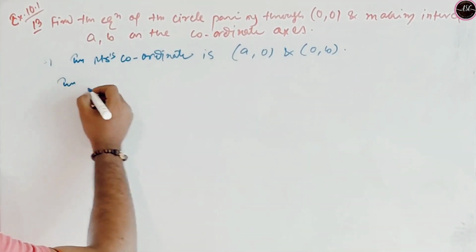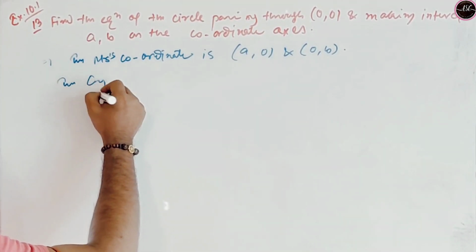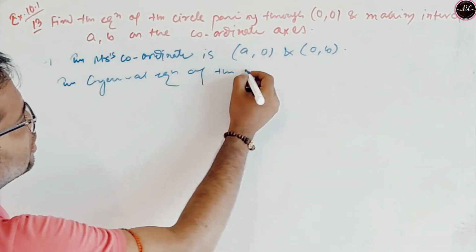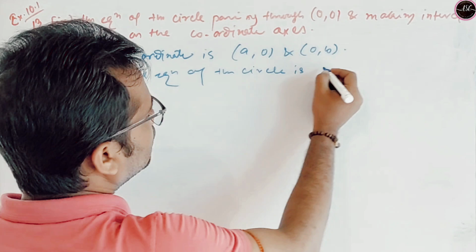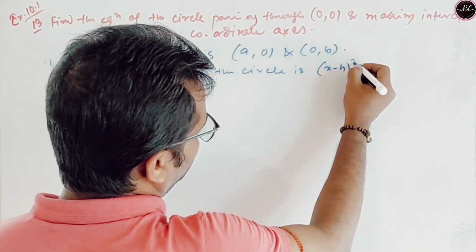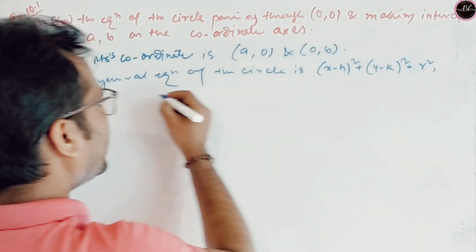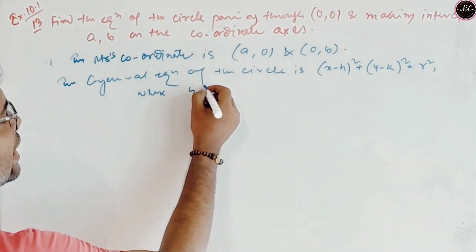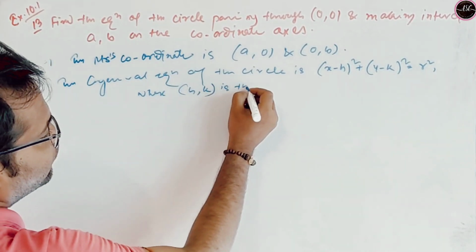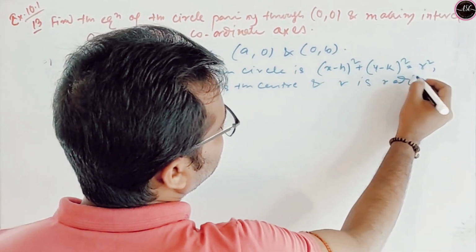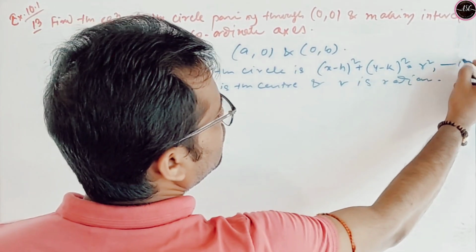So the general equation of the circle is x minus h whole square plus y minus k whole square equal to r square, where h, k is the center and r is the radius. Okay, this is equation 1.